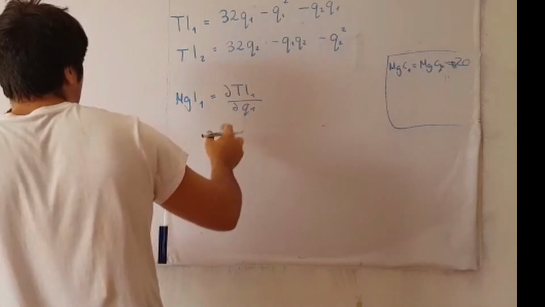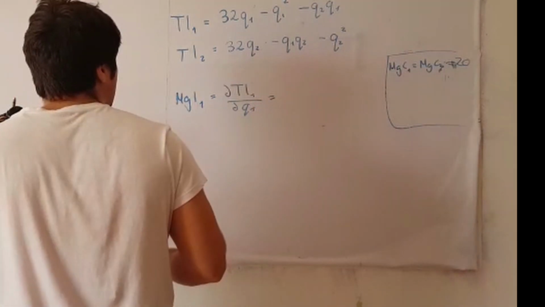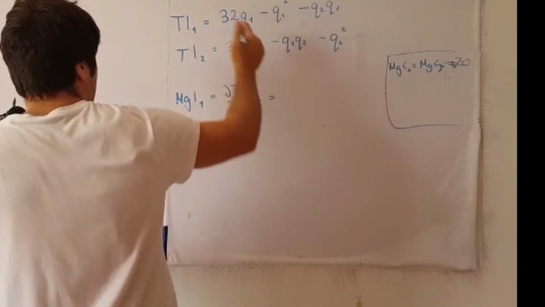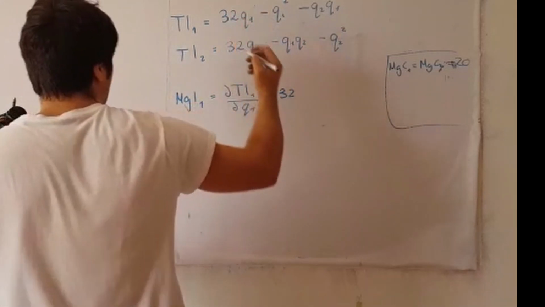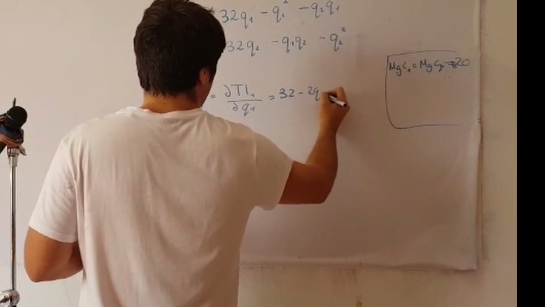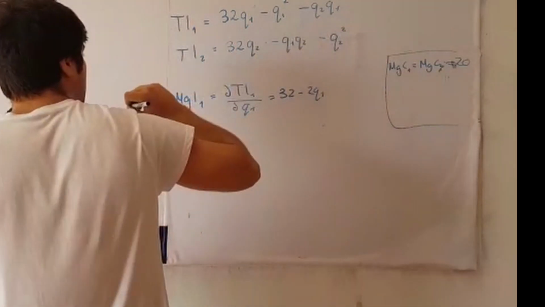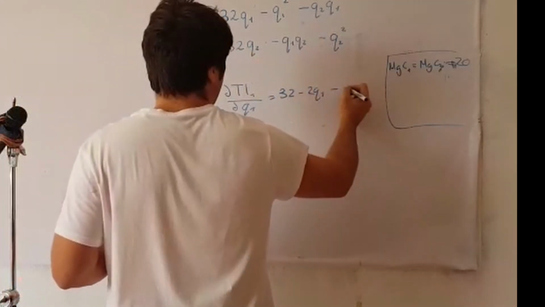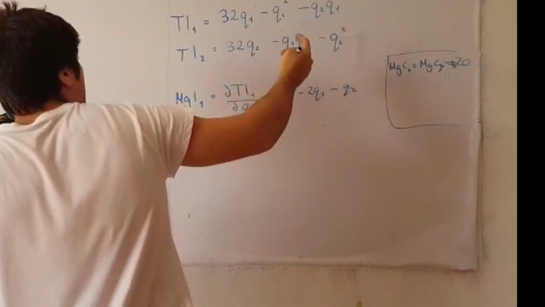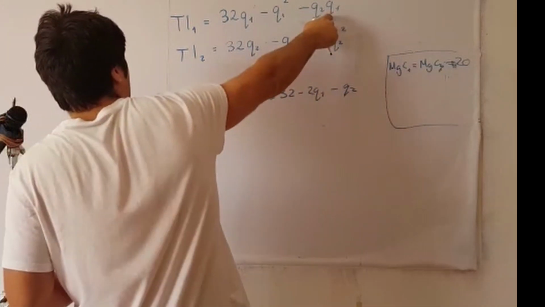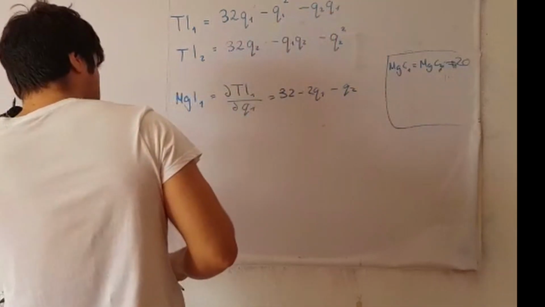It's just going to be like a number. So this is going to be 32 minus 2Q1 minus Q2. This is just because Q2 is a number and Q1 is a variable.